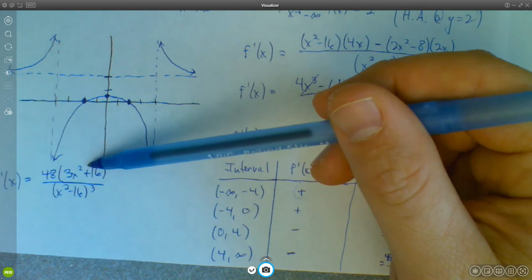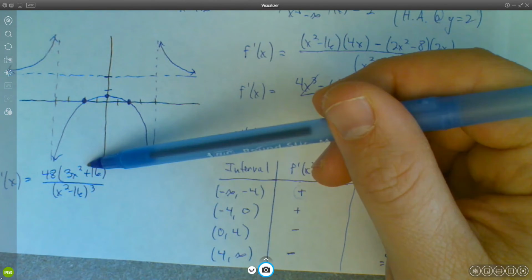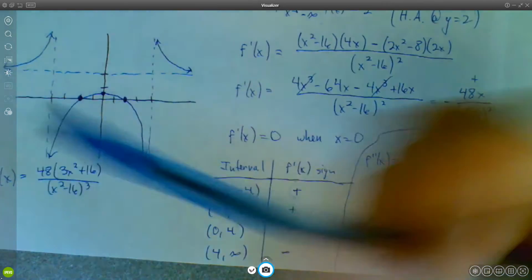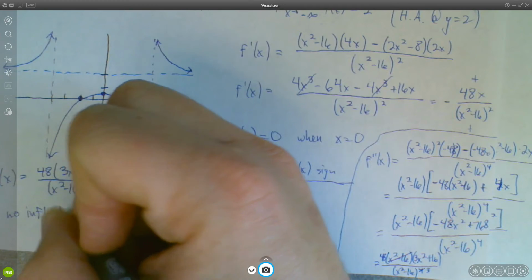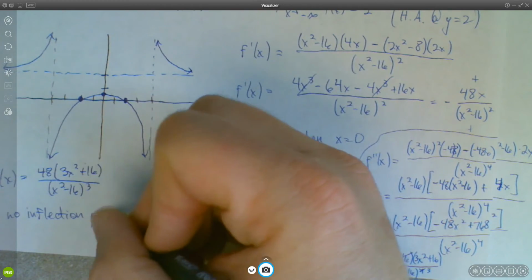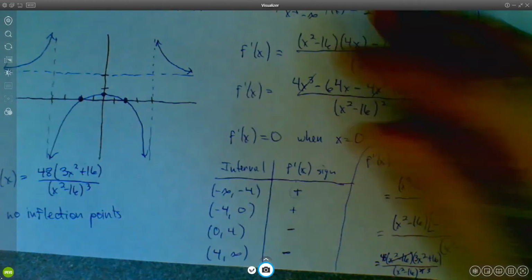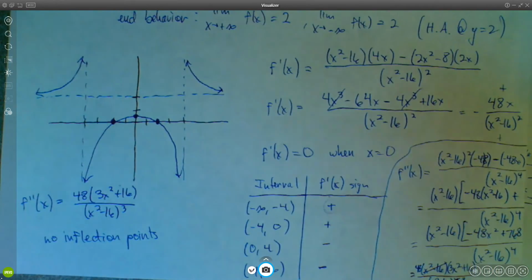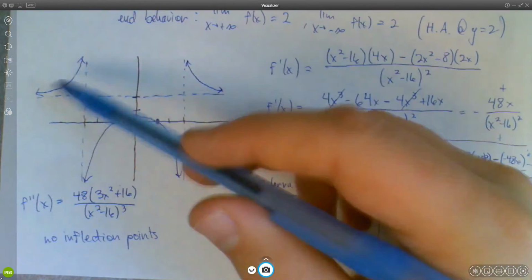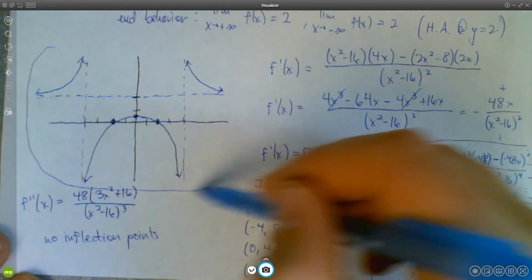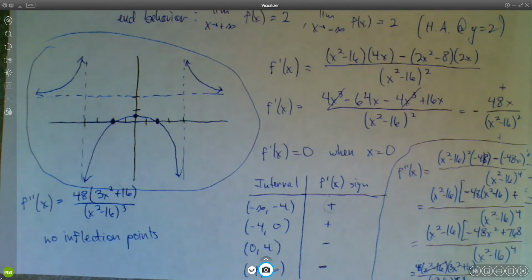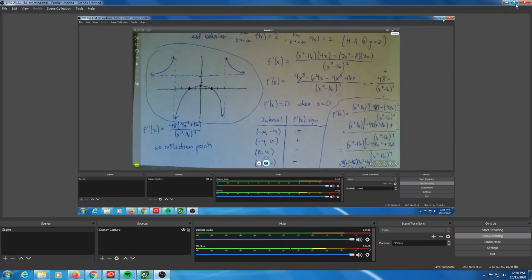But if you set the numerator equal to 0 and solve, you're going to get non-real results. So we know that there are no inflection points. Okay, and since there are no inflection points, that means that these things never cross their horizontal asymptote. So this really is the correct picture, right? This is almost exactly what the picture is going to look like, and we can verify it by looking at this in Desmos.